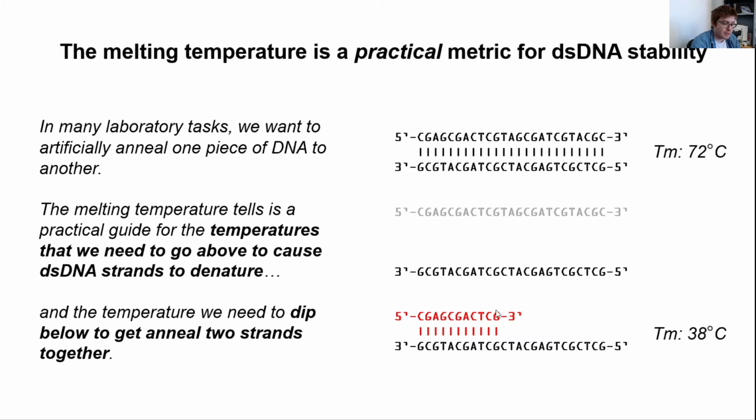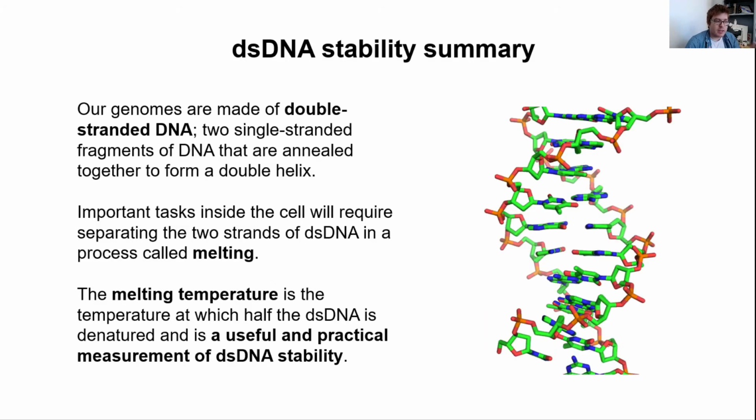And then if we included this oligo here, and we calculated that the TM of this interaction here was 38 degrees, we know we would need to bring the temperature down below here in order to get these 2 strands to come together. And so melting temperature is both really useful for describing the stability of DNA, but it's also a very practical thing for us to use in the laboratory to think about the relative stability of different DNA structures.